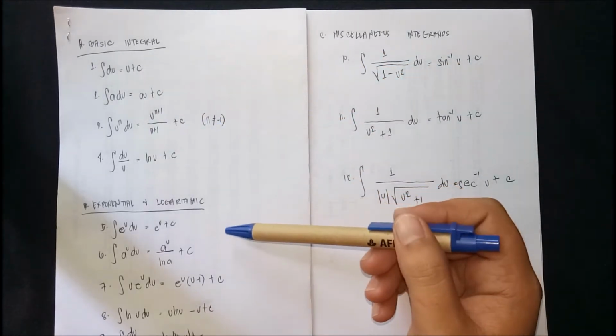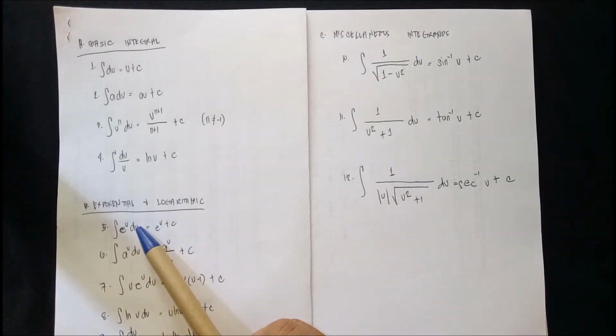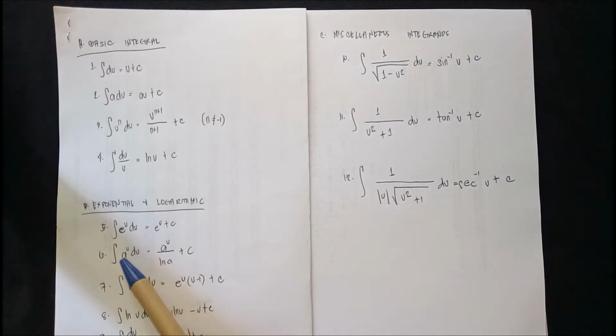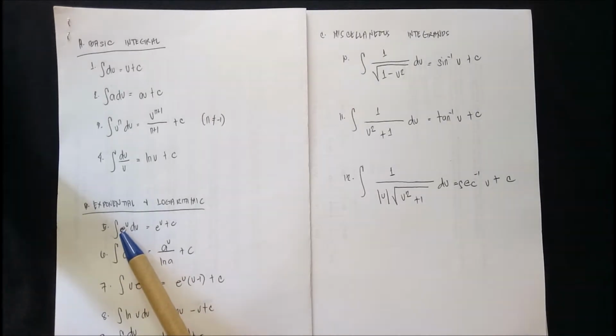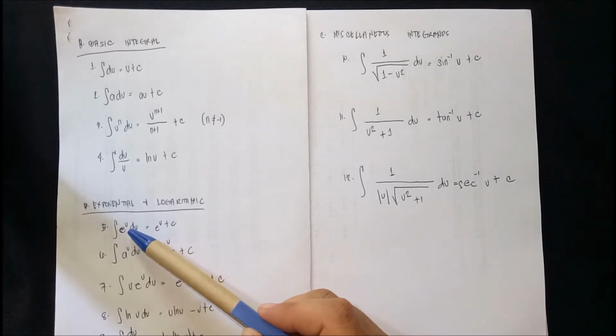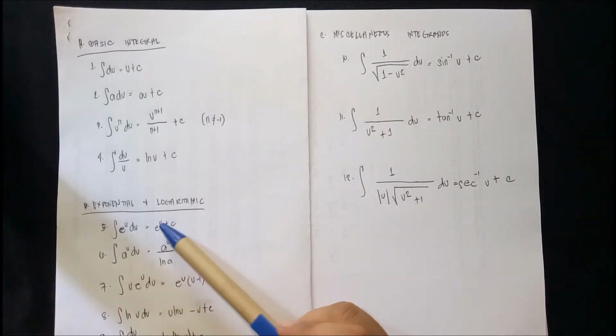For exponential and logarithmic, we have these two classes: the integral of e to the u du, and the integral of a to the u du. The a can be any constant, while this one is really the number e. Provided that the derivative of the exponent u is right beside it, the integral is just e to the u, copy, plus c.